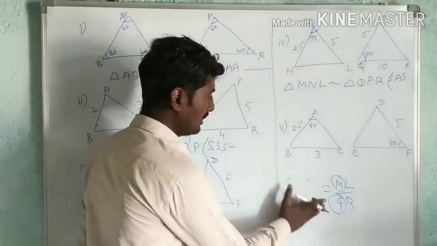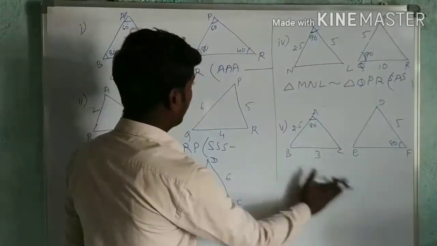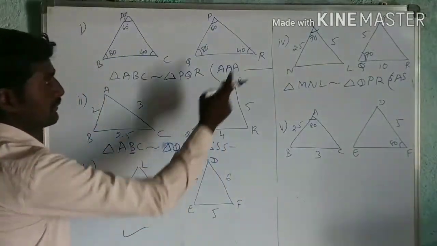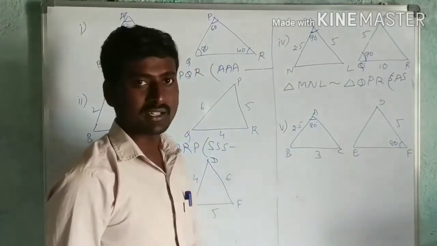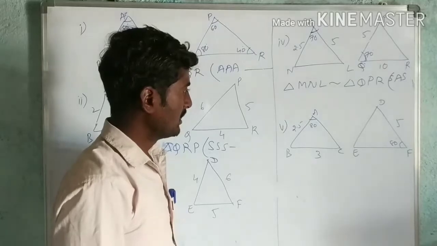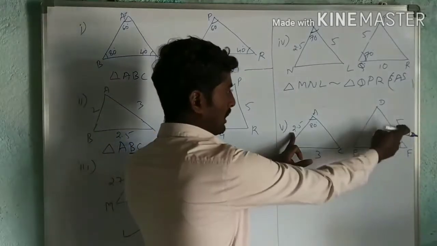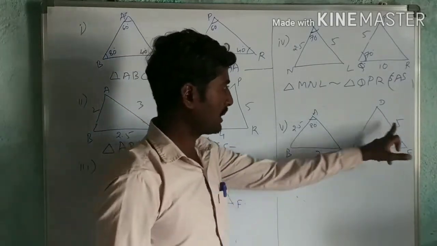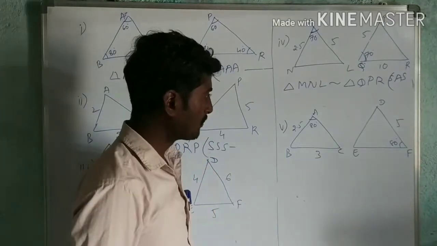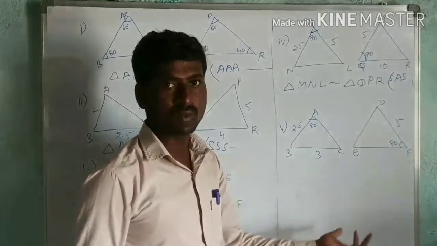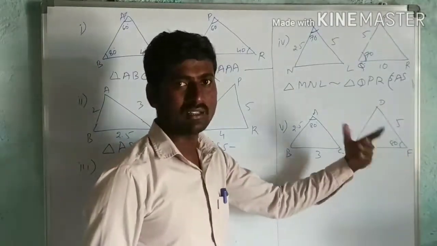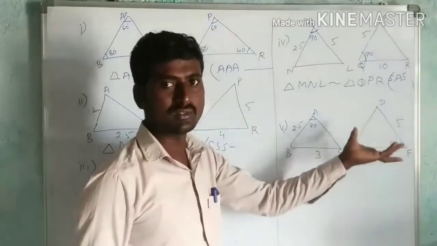Okay. Then next, fifth one. 1, 2, 3, 4, 5. Fifth one, whether these two are similar or not, I have to check. 2.5 divided by 5, that is 1 by 2. 3 divided by, they have not given the other two sides. We don't know whether it is 6 or 7, or it may be 7 or 8. We don't know it.